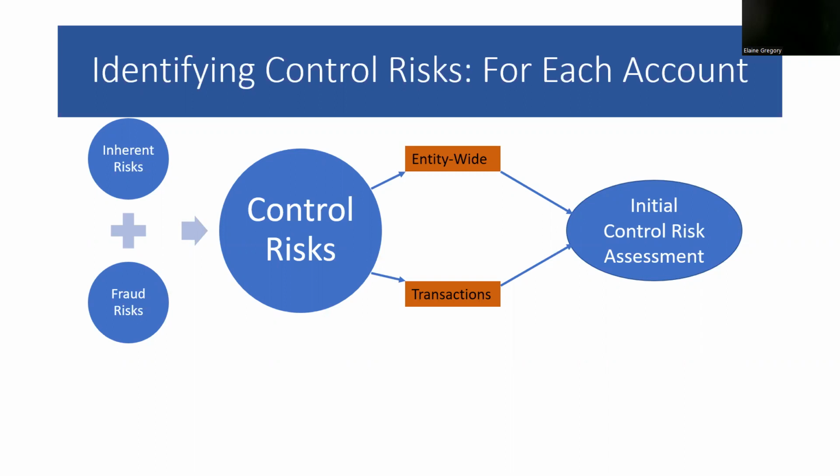Using both of those risks, we can create the initial control risk environment. Note, this control risk environment may change as we get deeper into looking at these entity-wide control risks and these transaction control risks.